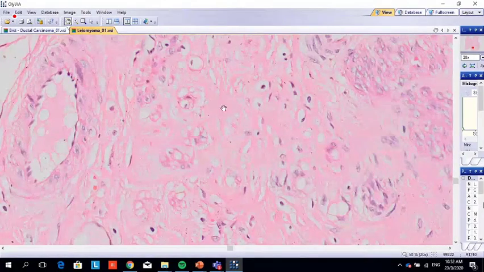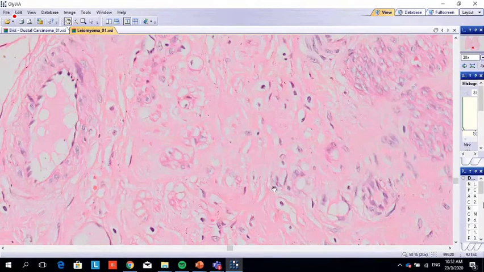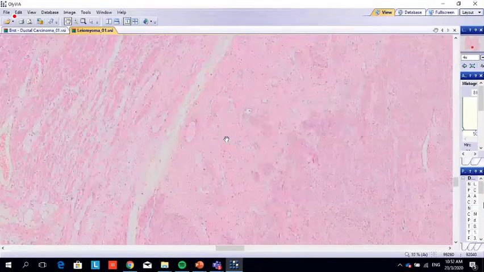When we saw the pink color. Hyaline connective tissue, is it? Yeah, it's a type of connective tissue actually. Oh, hyaline cartilage? It's not cartilage. This hyalinized tissue, you can see more pinkish color there around. This is hyalinized stroma.